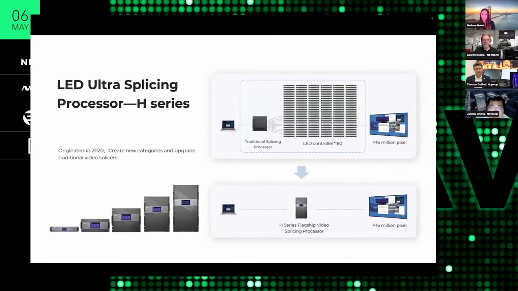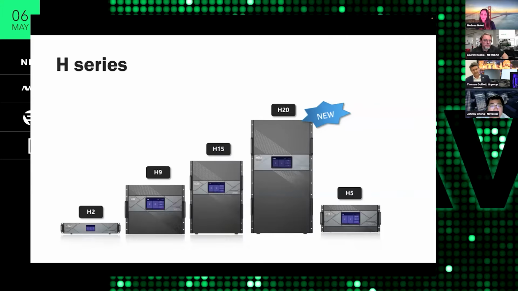With the traditional way, combining many controllers together as one system, for an 8K or 16K resolution screen you may need a lot of controllers. That will make your system a nightmare. So with the H series, just one machine can carry your screen perfectly, with stable playback.